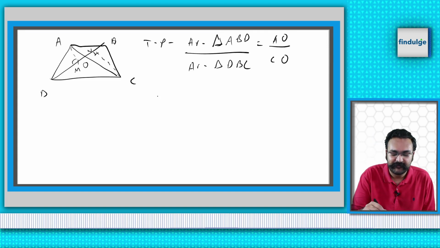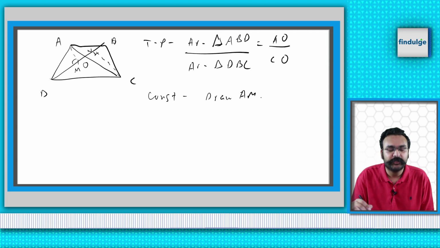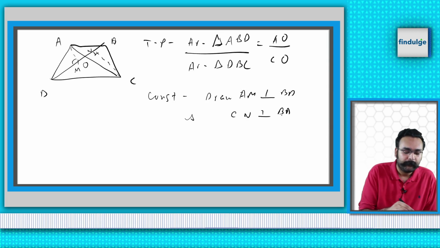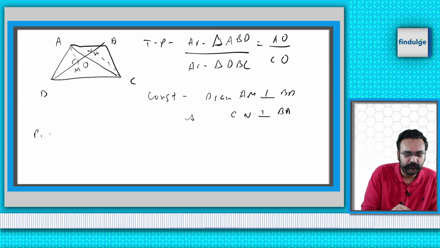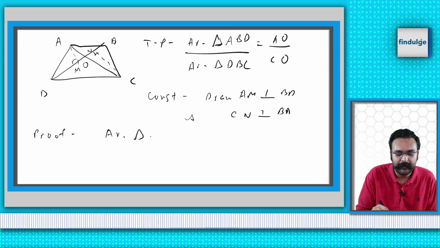And so, like I said, we have this construction that we draw AM perpendicular to BD and CN perpendicular to BD.